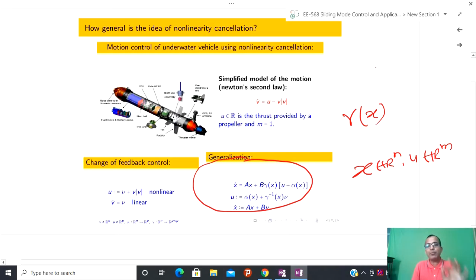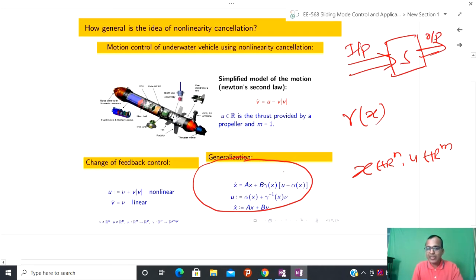I am only able to cancel the nonlinearity which passes through the input channel. So if some uncertainty or nonlinearity is in the direction of control, only then can I compensate.